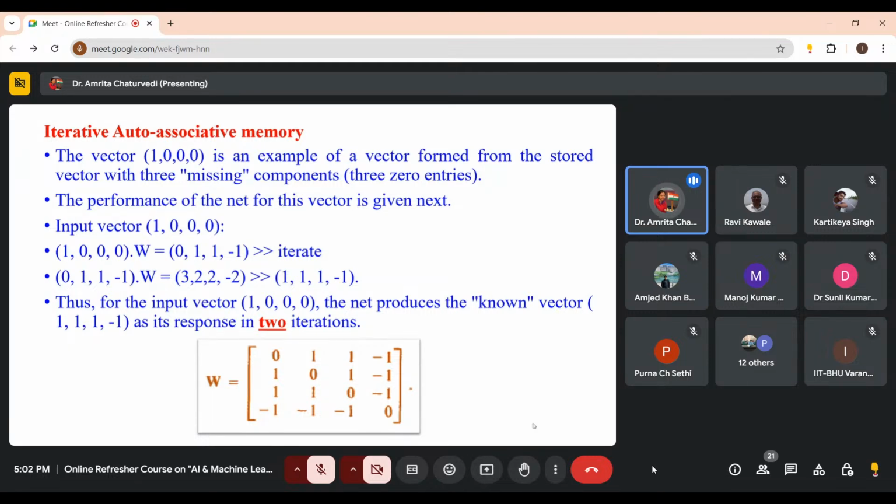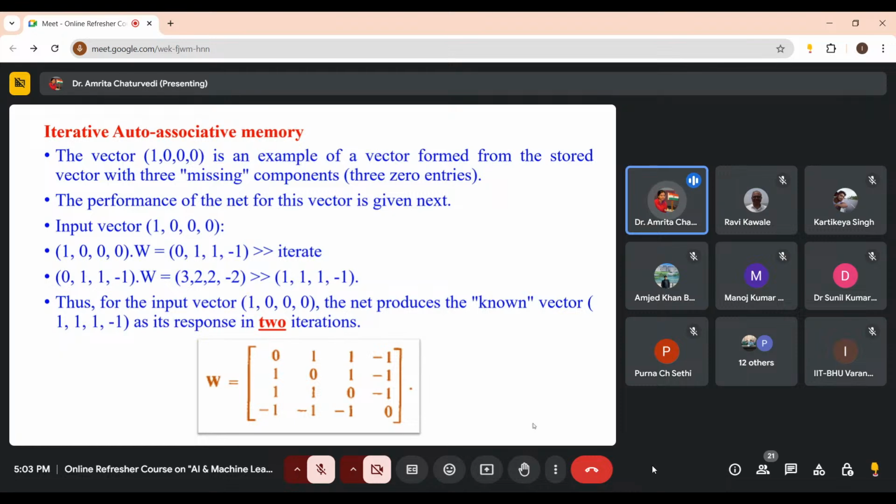So we again iterate. We input this vector again into the network. That is, multiply this vector with the weight matrix again. So we multiply 0, 1, 1 minus 1 with the weight matrix to get 3, 2, 2 minus 2, and we apply the activation function to get 1, 1, 1 minus 1. Now this is a known vector. This is the same as the vector which was stored in this network.